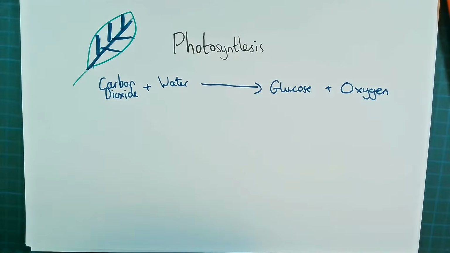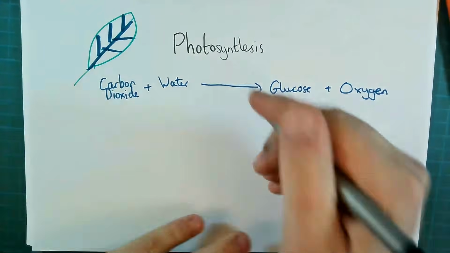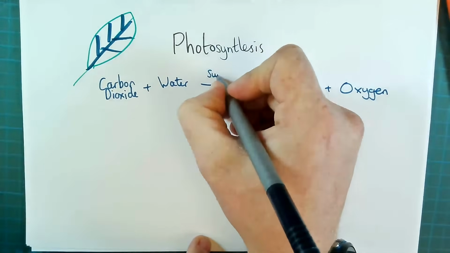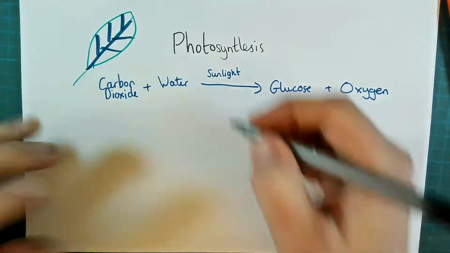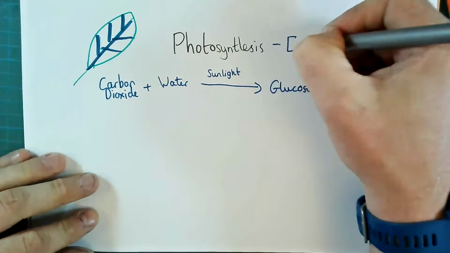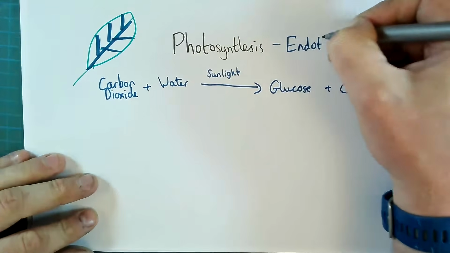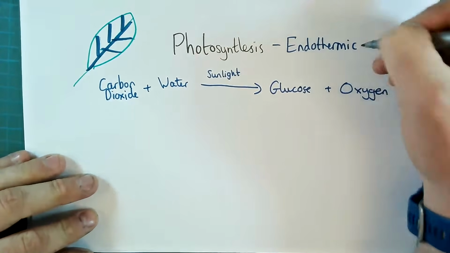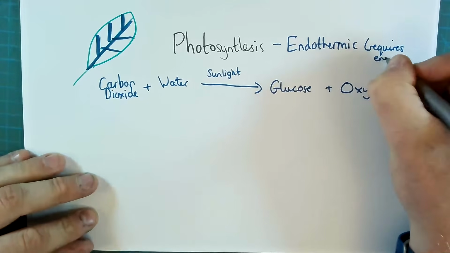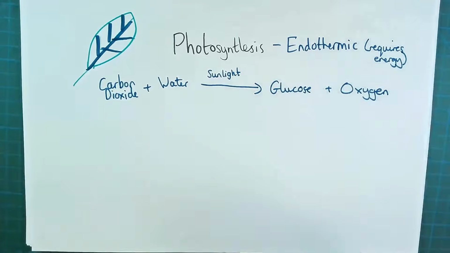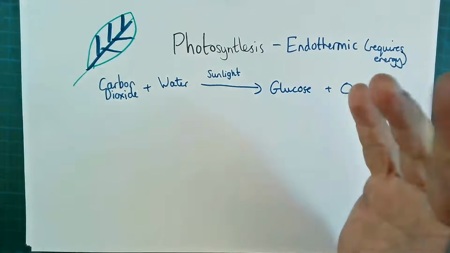Now, what does it need to do that? It needs sunlight. It needs energy, and because it needs energy, this is an endothermic process. That means it takes in energy from the surroundings.